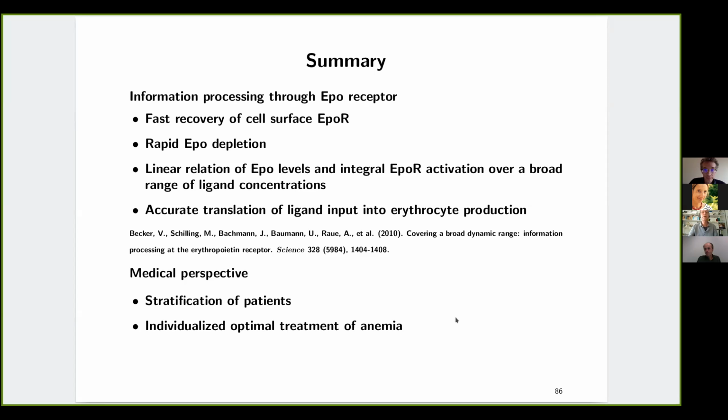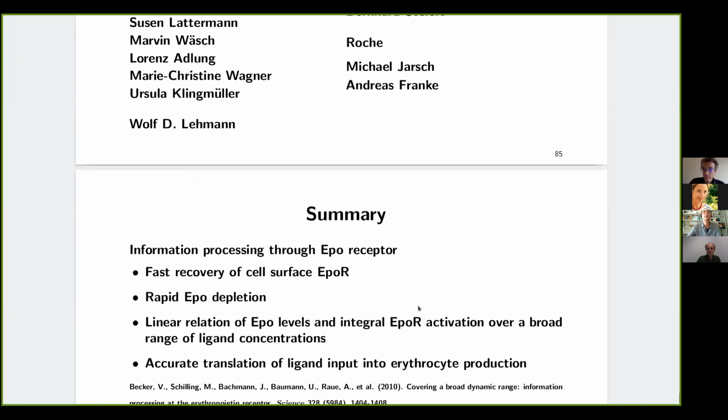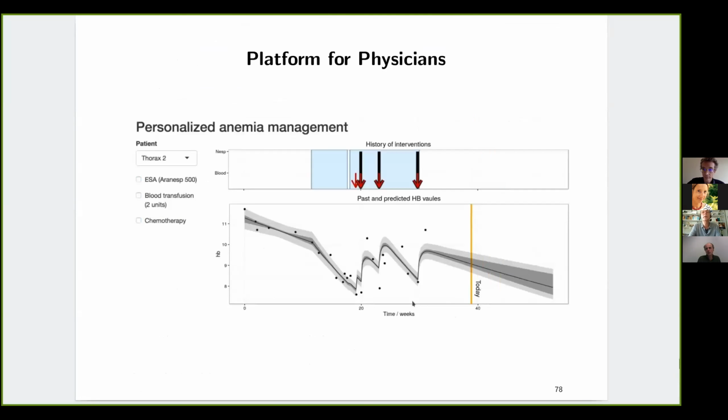Yeah, the point is if the turnover is not fast enough, then you cannot see the larger doses, because you don't have enough EPO receptors there. No, because it's the degradation, right? That was important. There are these extra pathways that are necessary for this linear relationship between this integral and.